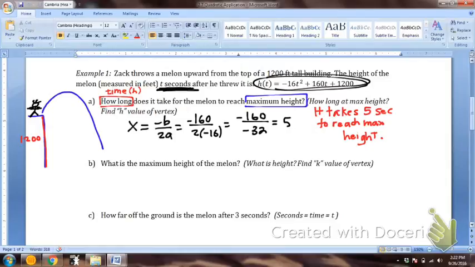That means over here on my drawing and on your drawing, we know that this is 5 comma something. That's what that means there.